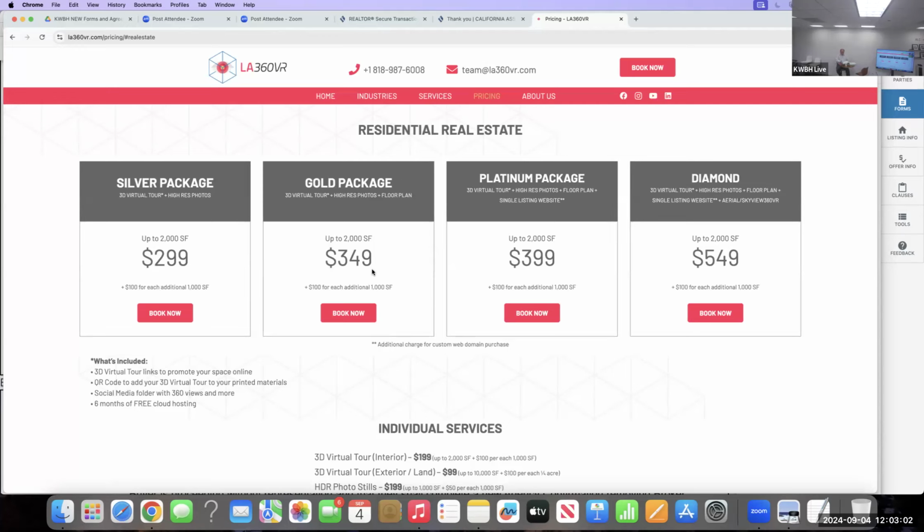So I have these two folders as my grab and go. These are my grab and go folders. I recommend everyone create a grab and go folder. So every open house that you do from now on, keep one of the flyers that you've handed out.